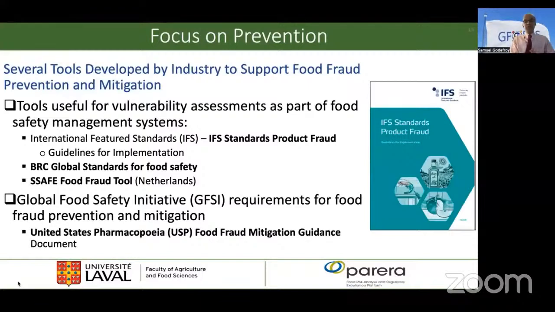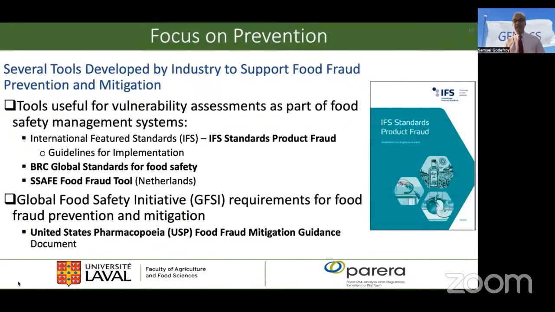Now, when we look at the current focus applied by food producers and the direction provided by food regulators, the focus is on preventive tools. This is where a number of food safety and quality management systems come in, particularly those advocated by third-party assurance programs, those proprietary food safety and quality schemes such as the BRC, the IFS, the SQF, or those systems benchmarked against the Global Food Safety Initiative.